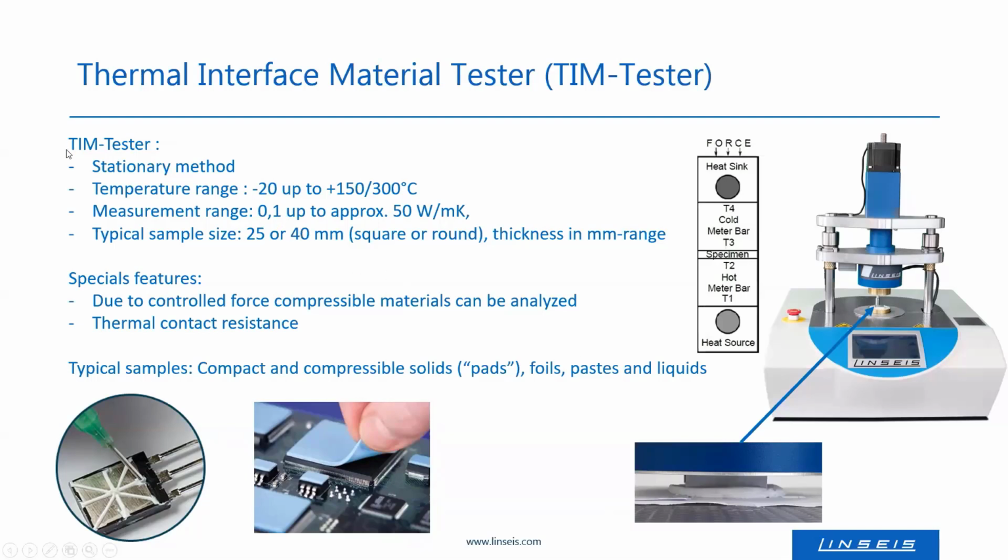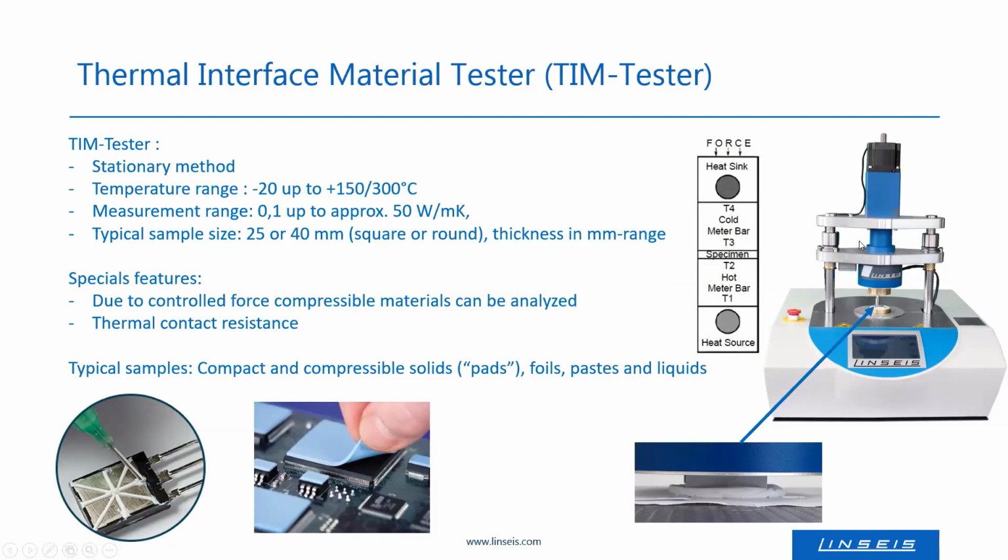The principle of a TIM tester is almost the same as for a heat flow meter. So you have a heat source, a hot plate. You have a heat sink, a cold plate, and the specimen, the sample, in between the cold and the hot plate, and some thermometers to measure temperatures.